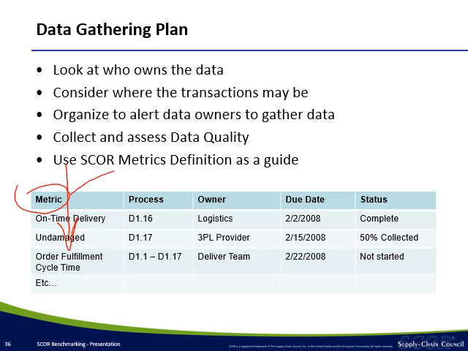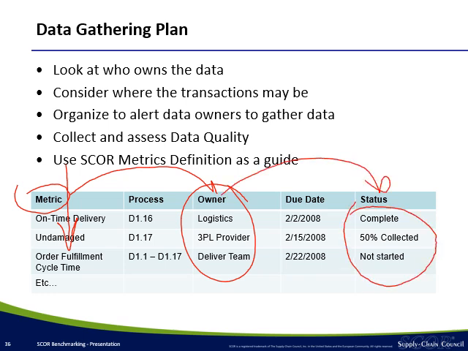And who is the owner of each of them? Where can you get the data from? And then you specify whether it's finished, in process, or not started, and the due date. You give this information, so this is now the current plan. For each metric, there is an owner who will measure the performance. Where can he get the data from? What is the due date of the process? Is it completed or not completed?